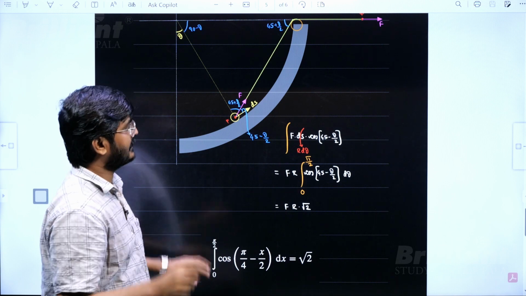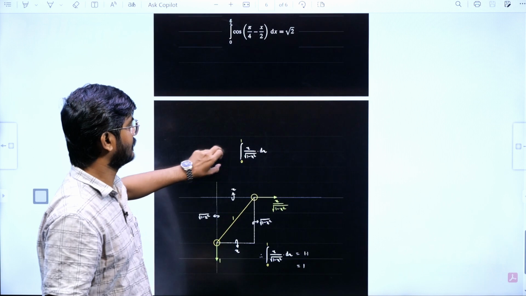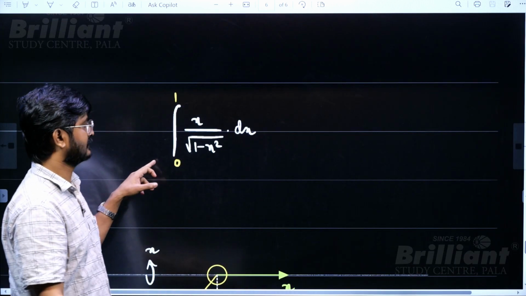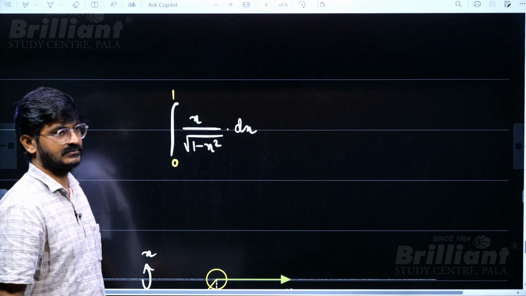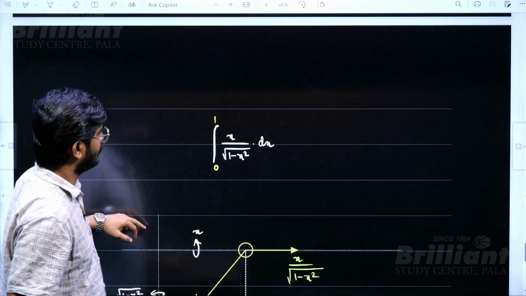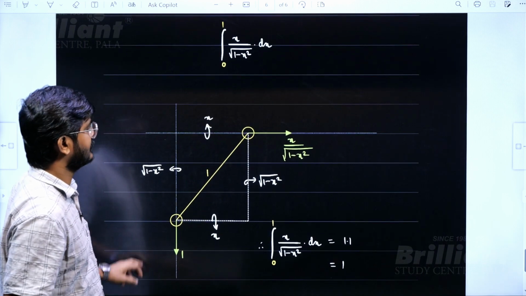Now taking inspiration from this, probably I will show you how to do this integration, x by root of 1 minus x square dx from 0 to 1. Now I will create a situation something like this. I will explain the situation.